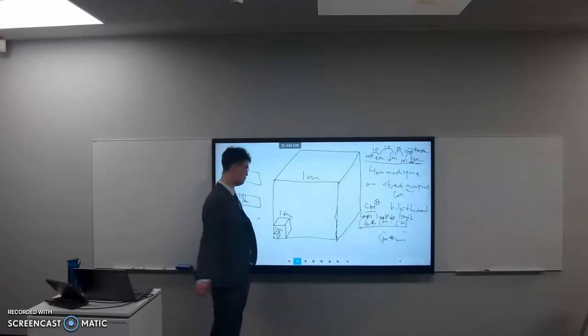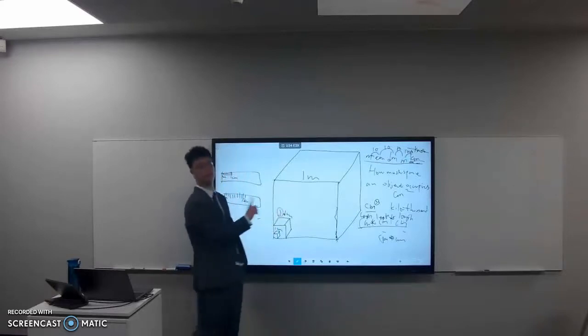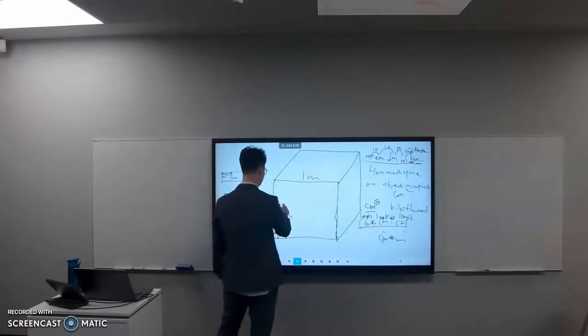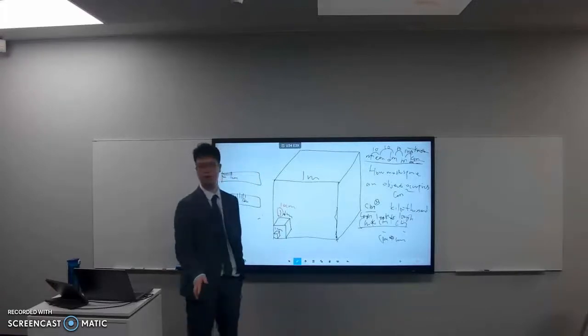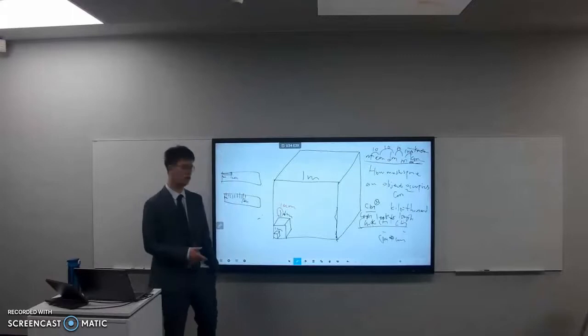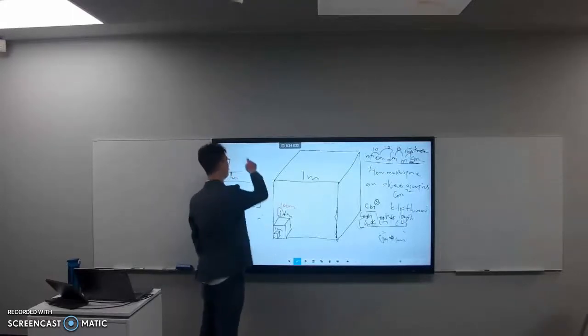So let's think about this. How many centimeters are there in 1 decimeter? 10. So we can replace that with 10 centimeters. And we know the volume formula for a cube is side length to the power of 3.